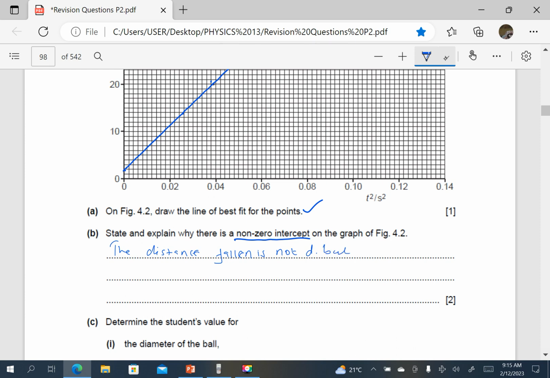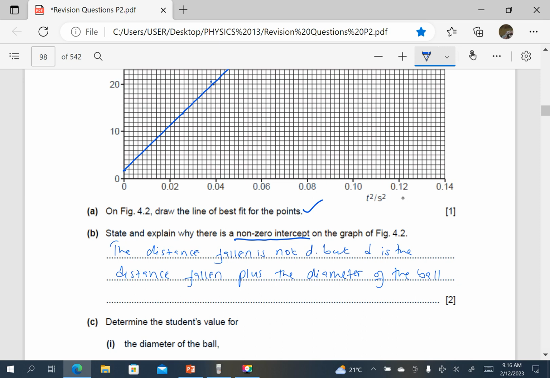But D is the distance fallen plus the diameter of the ball.